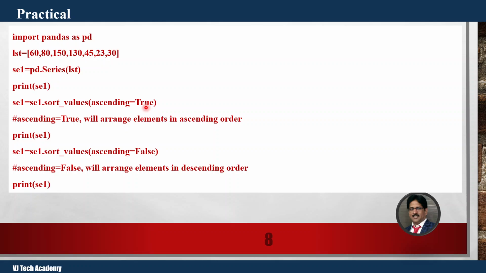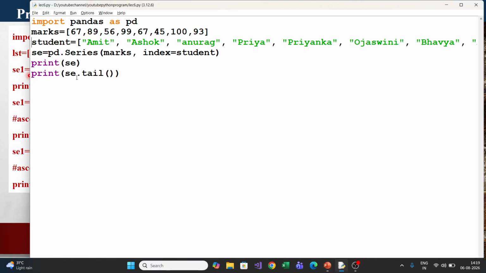Let's do it practically. You see the same values I am using here. Just write sc.sort_values. If I do not specify any order, then by default it will be arranged in ascending order only, so I'm executing it directly this way.